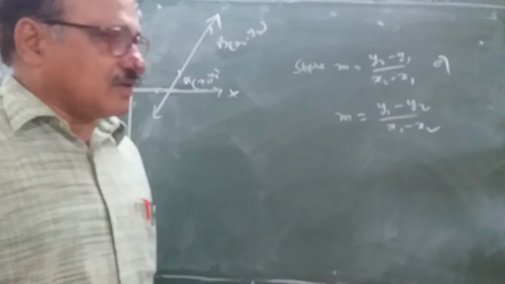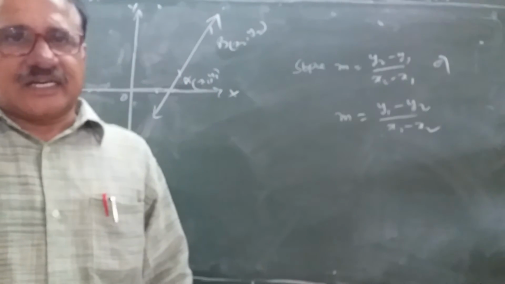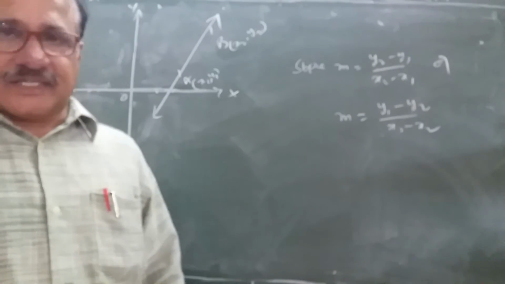By using this formula we can find the slope of a straight line which is passing through two given points.